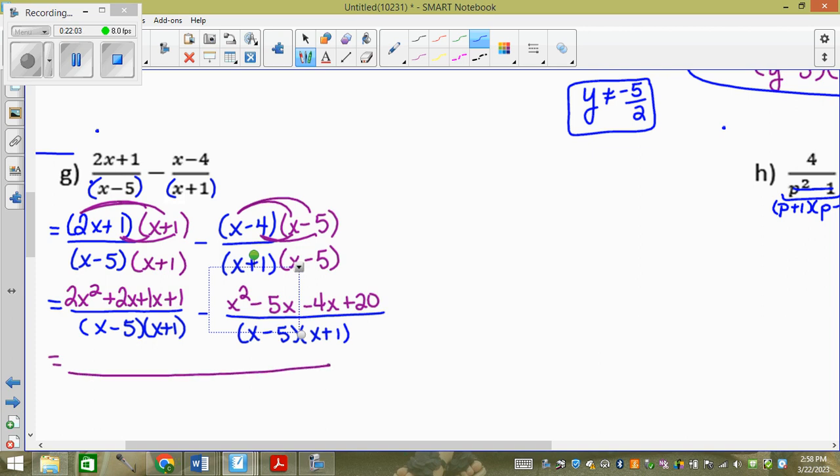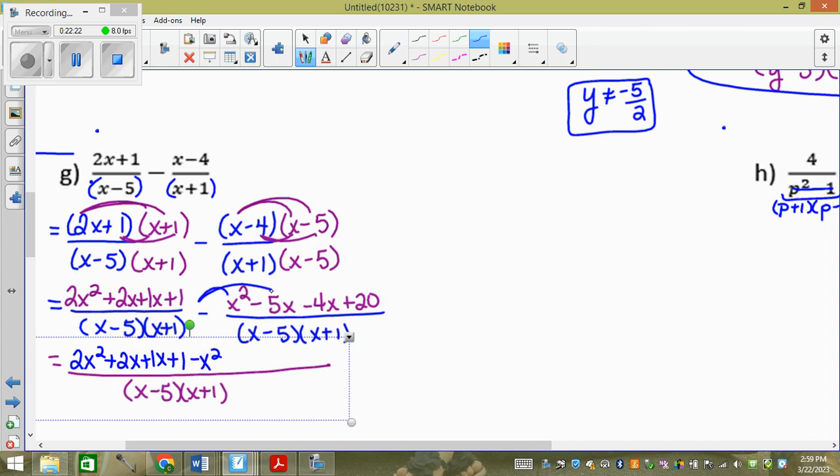So we get x minus 5x plus 1 in the denominator, because we have a common denominator now. And we have to remember to distribute that minus sign through to every single term, right? So we get 2x squared plus 2x plus 1x plus 1 minus x squared plus 5x plus 4x minus 20.